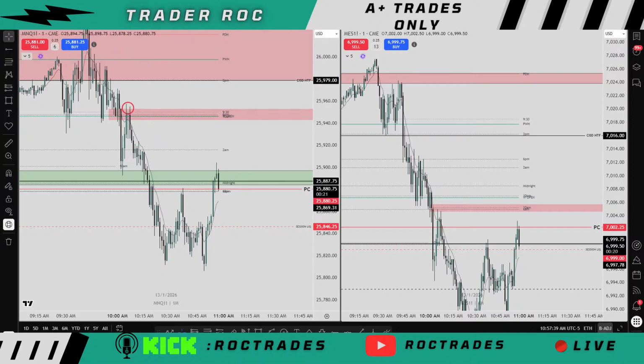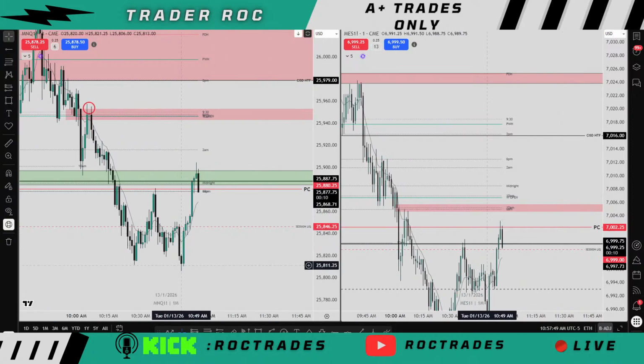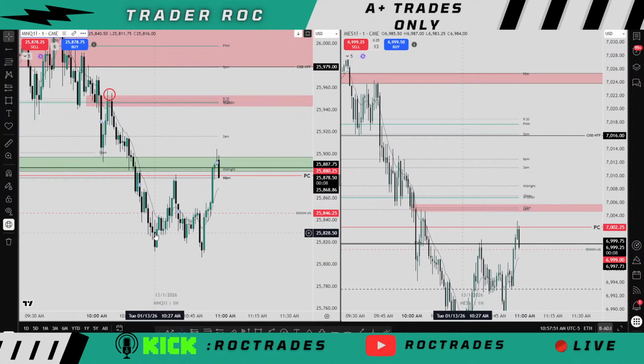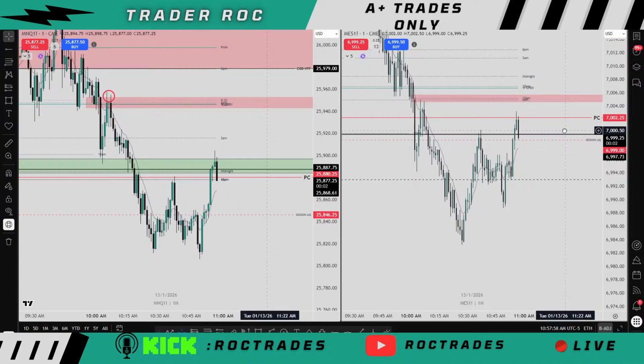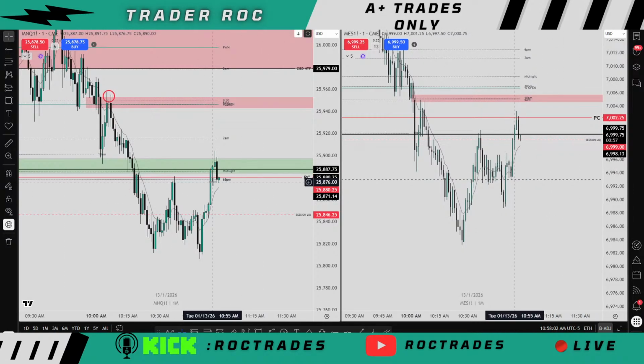Let's see what Tanya is up to. Tanya probably won't even trade this, unless she goes long like right now. This is a decent long setup. It's not terrible. This isn't bad, guys. Tanya's going long inside of this Nasdaq fair value gap.